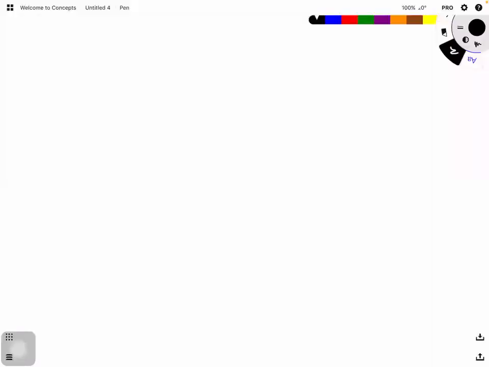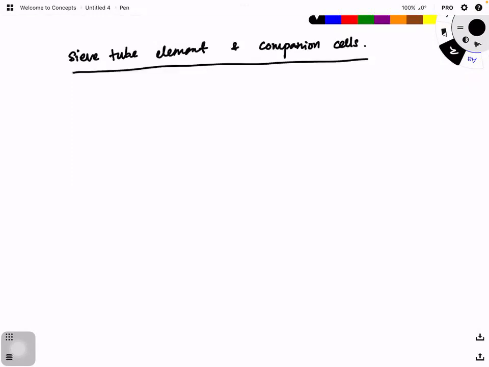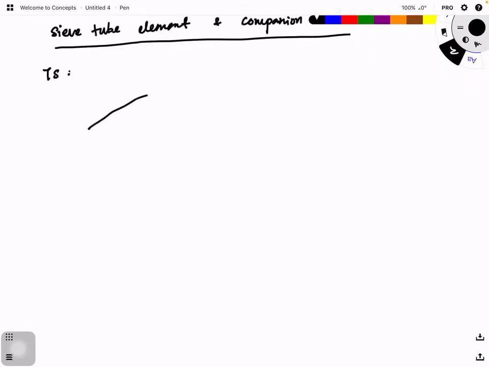Now let us compare the sieve tube elements and the companion cells. I draw the transverse section. So you have a sieve tube element with a very thin cell wall.